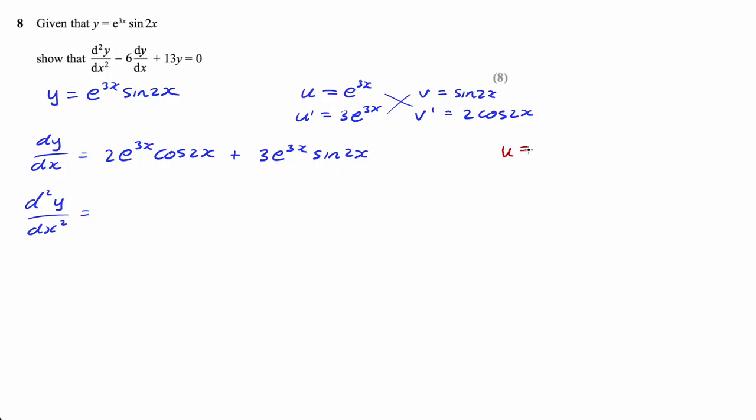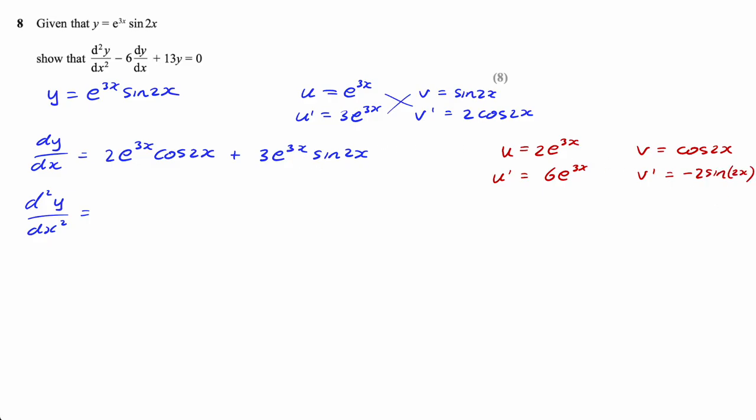u is equal to 2e to the 3x, v is equal to cos 2x, u dash is equal to 6e to the 3x, multiplied by that 3, and v dash is equal to negative 2 sine 2x.